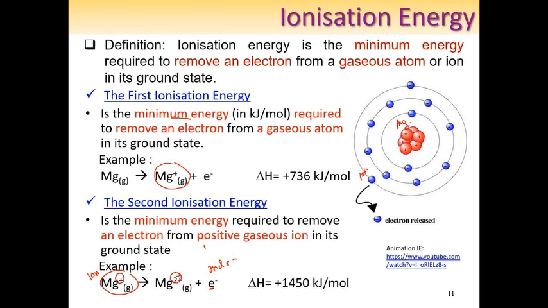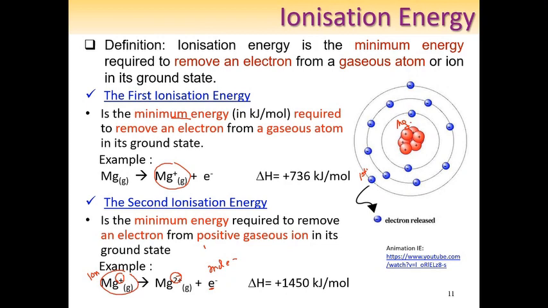So the attraction of the nucleus to the remaining electrons in the ion is getting stronger. So it's quite difficult to remove the next electron. When you are going to remove the second electron from the ion, you need more energy. So that's why second IE is always higher than the first IE.